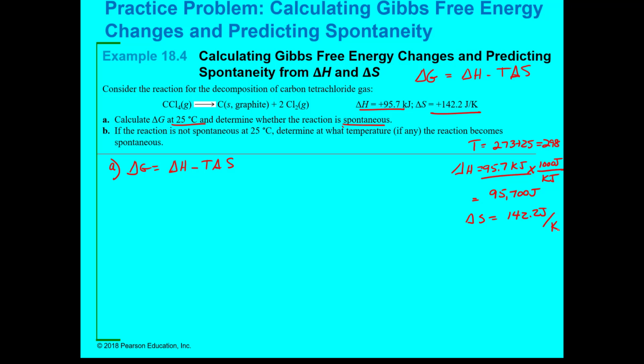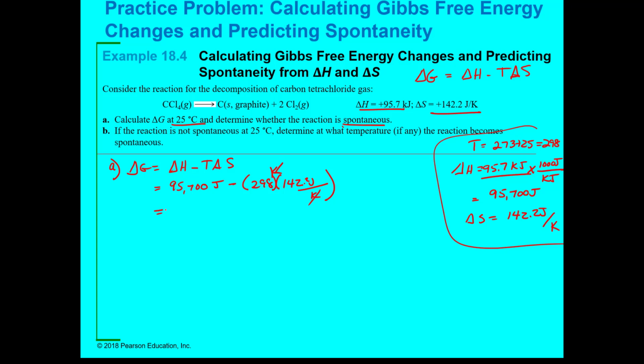All right, so the delta G equals delta H minus T delta S. Once I've got my units the same, it's 95,700 joules minus 298 times 142.2 joules per K. And that's K, so the K's will cancel.